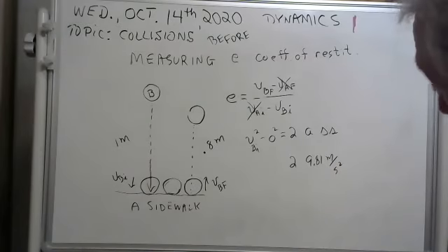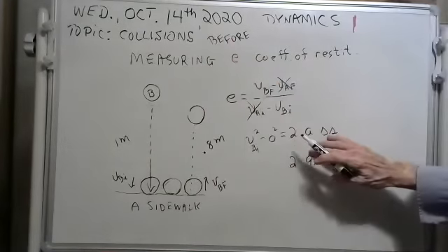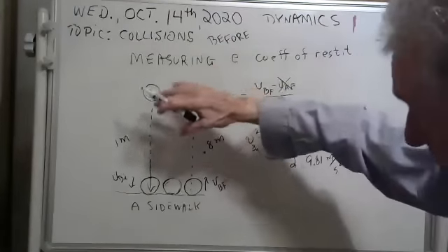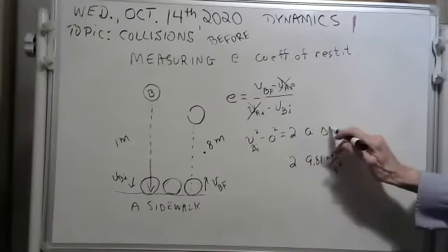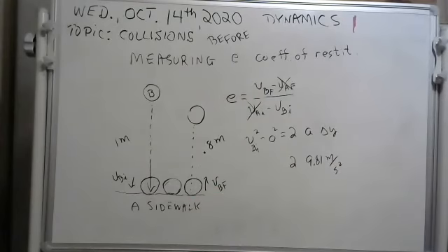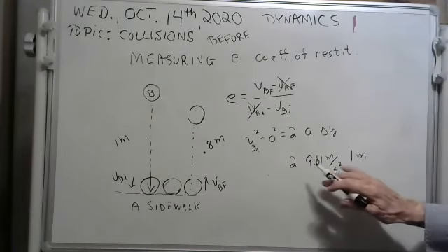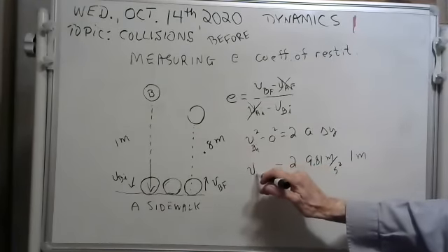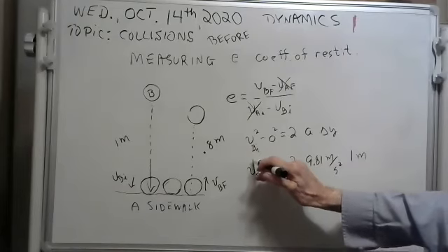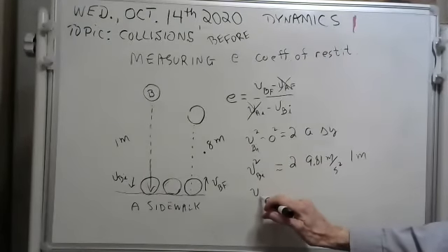Now, it's actually negative if up is plus, but this distance is negative too. If up is plus, then the distance traveled would be delta y, which would be negative. So you have 2 negatives. What it amounts to is 2 times 9.81 times 1 equals the velocity of the ball squared. Okay, so what is the velocity of the ball?